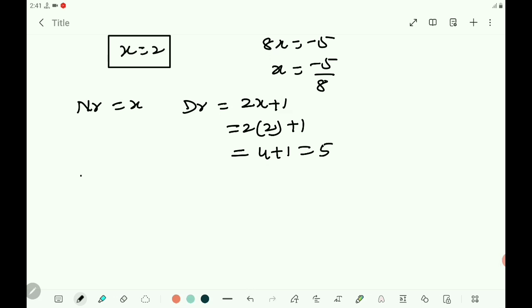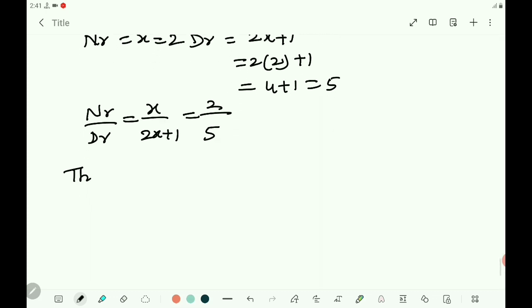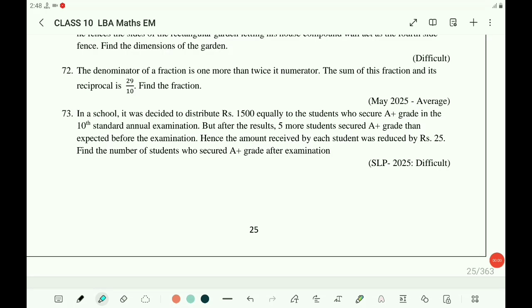Then the fraction is numerator by denominator, equals x by 2x plus 1, with x equals 2, you got 2 by 5. The fraction is 2 by 5.